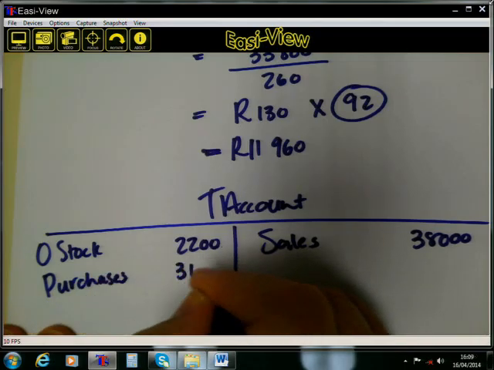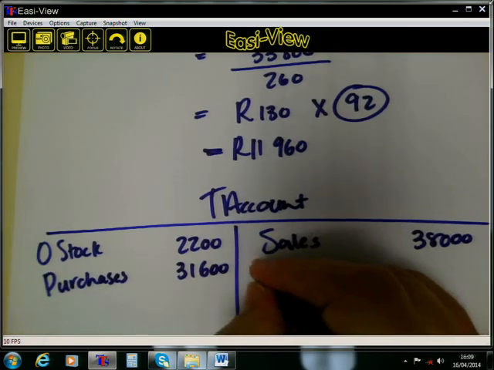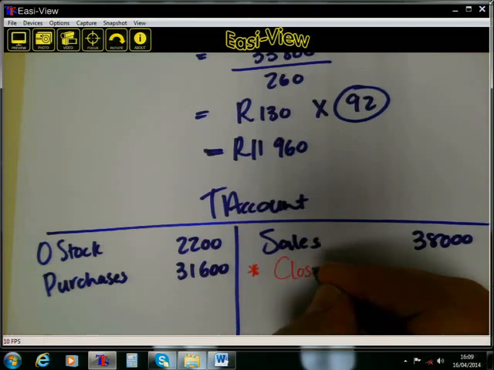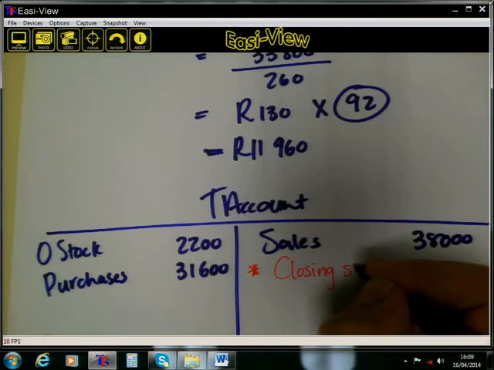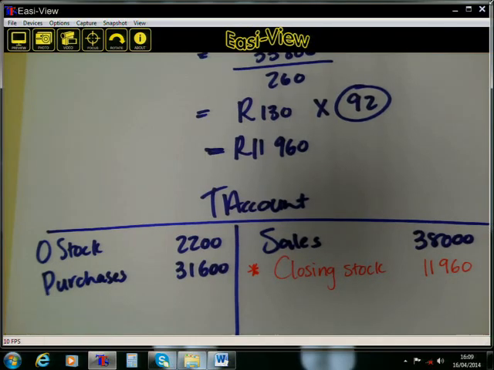The purchases is still 31,600. But the closing stock, the value of the closing stock is 11960. That changed from the FIFO method.